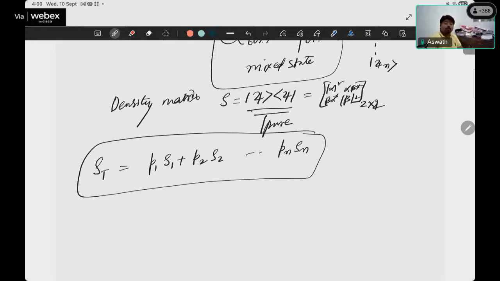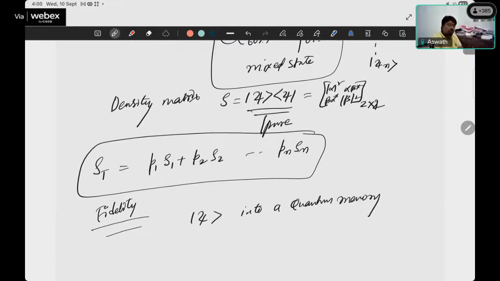Now coming back to the fidelity. What is fidelity? I intend to store the information psi into quantum hardware, into a quantum memory. The task is to store psi into quantum memory.